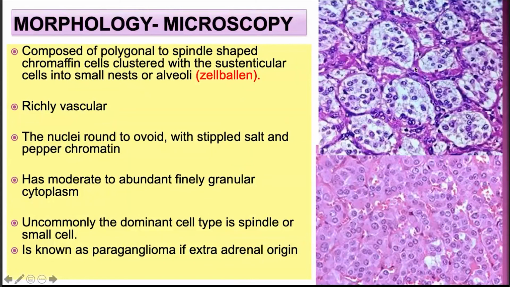The Zellballen pattern means that there is a small nest, just like the alveolar of the lung, like that. And the stroma of the cells is actually reached by the blood vessel. You can see all RBCs there. Okay, this is the microscopy of the pheochromocytoma, which I don't think your level to know about this, but the clinical features you need to know.